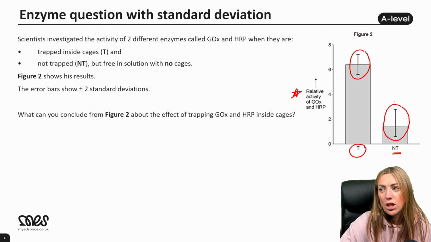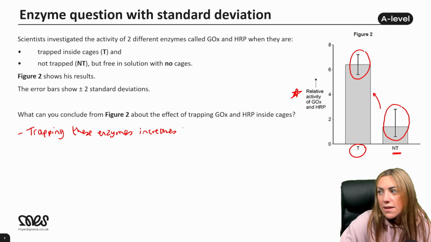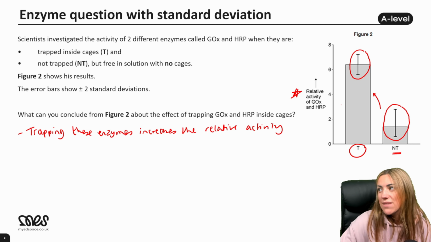So what can you conclude from figure 2, from the graph, about the effect of trapping these enzymes inside cages? Well, the first thing to notice is if you compare the activity of the trapped enzymes to the non-trapped enzymes, we can certainly conclude that trapping these enzymes increases the relative activity, because we can see the relative activity is much higher.